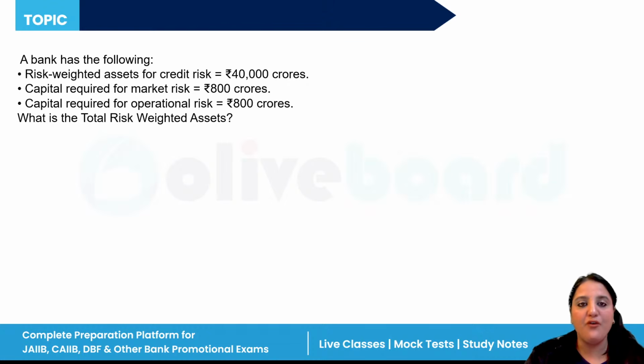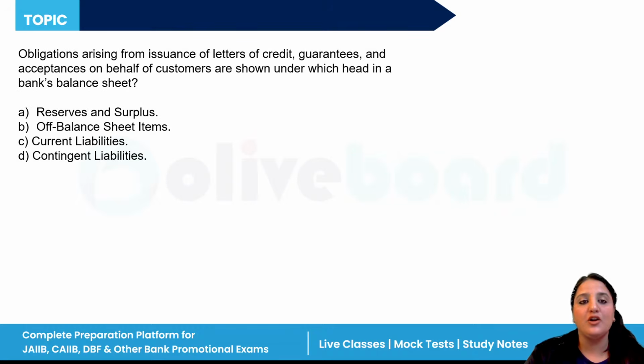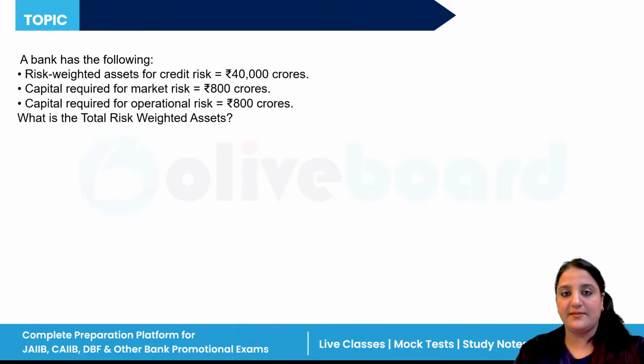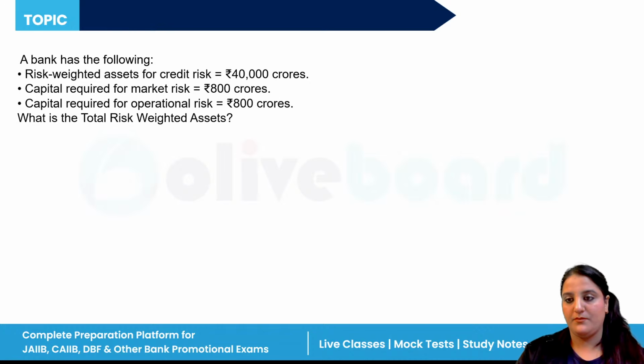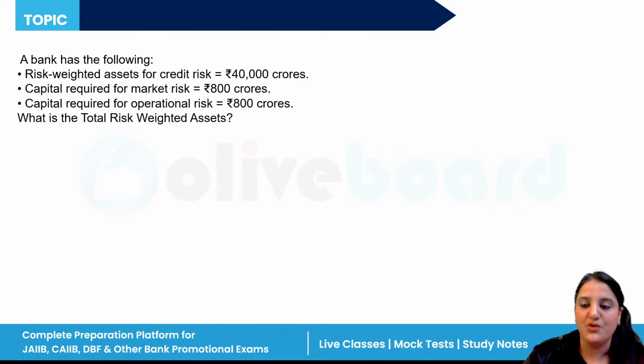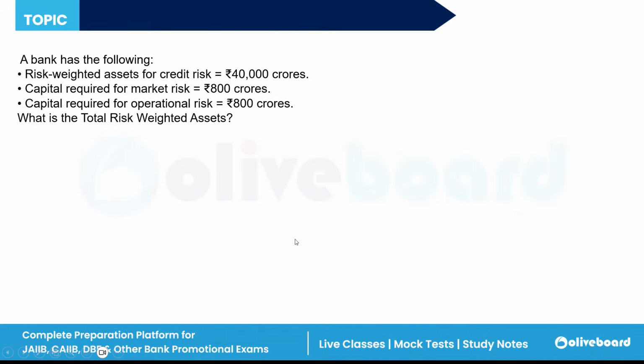A bank has the following risk weighted assets and capital required. What is the total risk weighted assets? Let's solve this question. Just try to solve first.